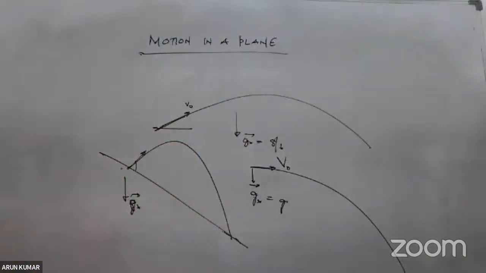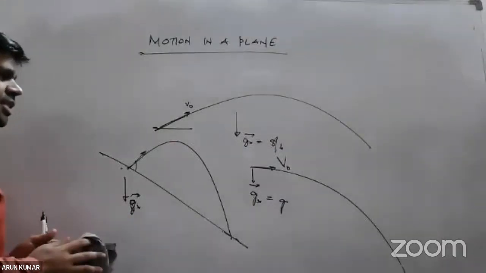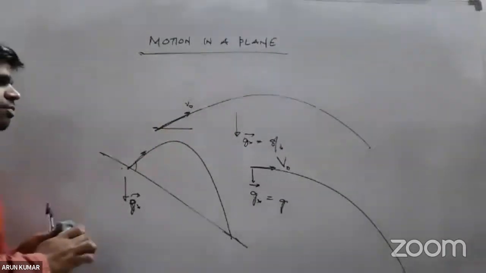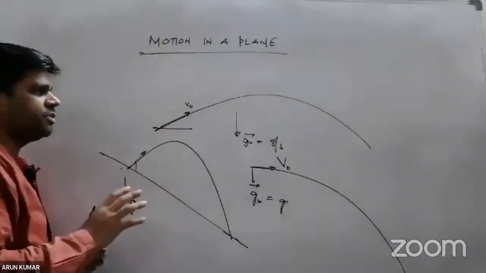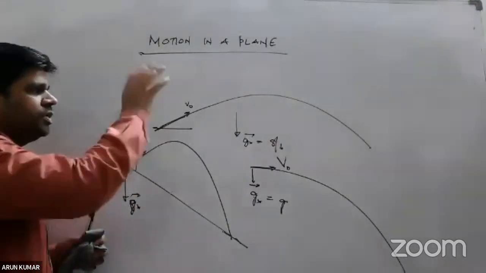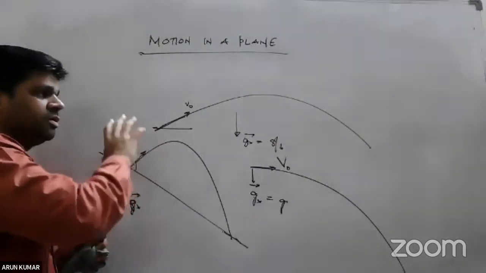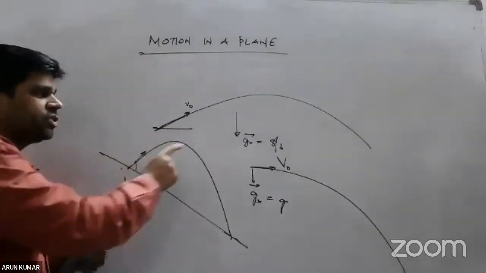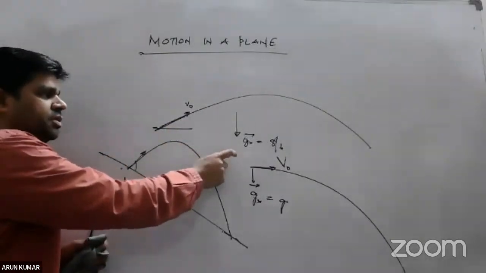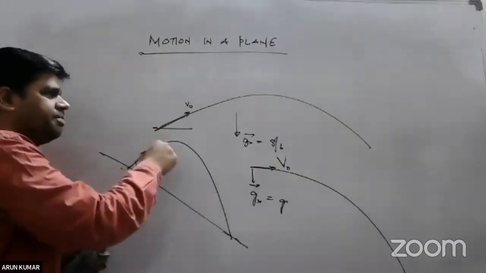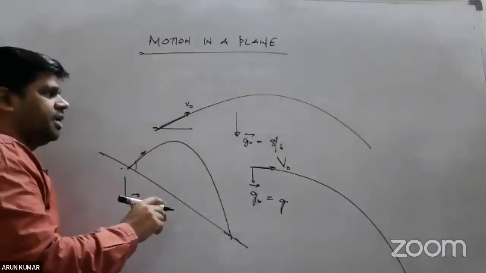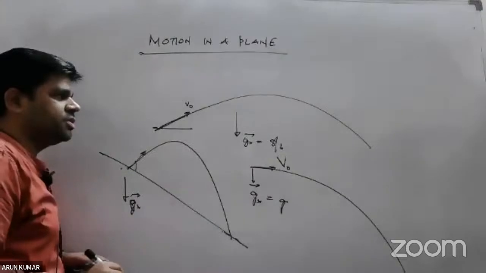So I hope this is clear now, what we are going to study. We are going to study the detailed analysis of the motion of a particle thrown in a region where there is constant acceleration. So constant acceleration is acting on the particle. Acceleration is constant throughout. Why do I say constant throughout?